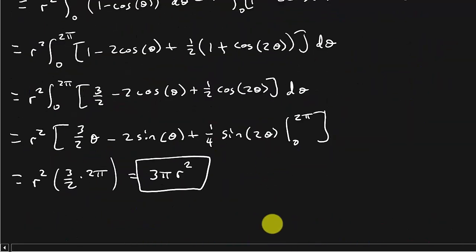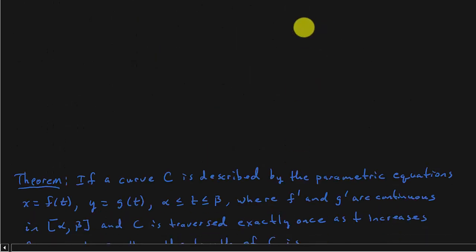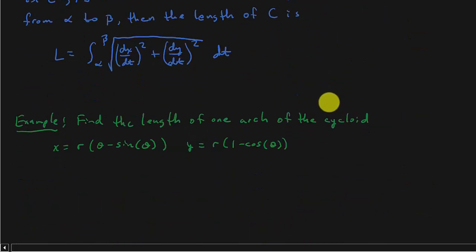I'm not going to explain all this again, but remember how we did one arch: we got our 0 to 2 pi. It wouldn't matter if you went from 2 pi to 4 pi; you would get the same answer. We're just picking this one because it's 0 to 2 pi. We're going to do the same thing on this one.